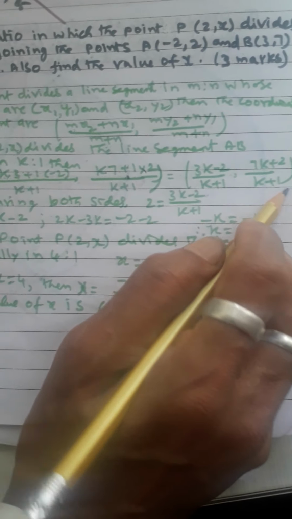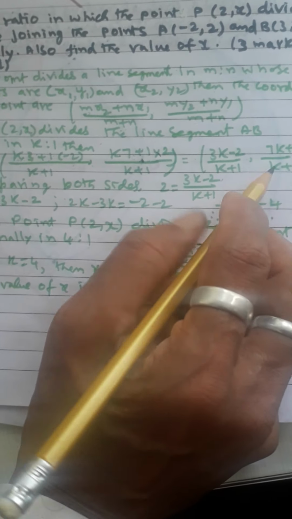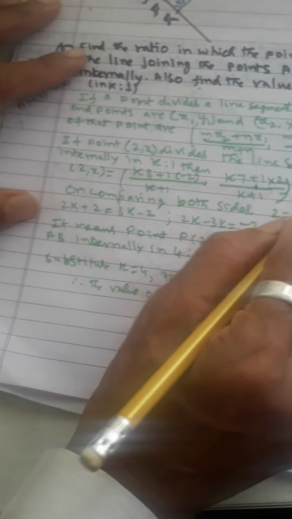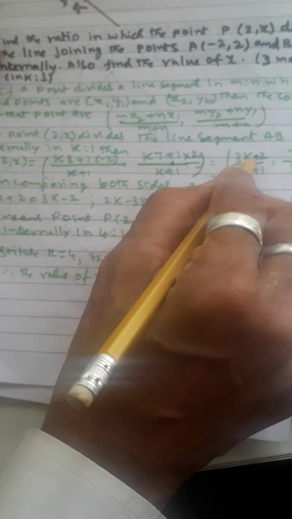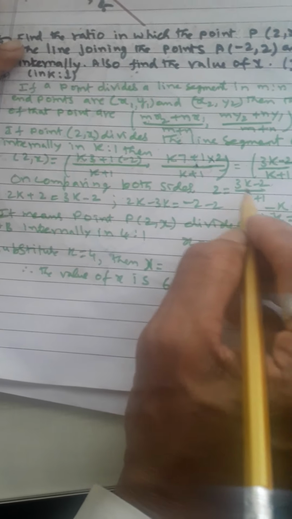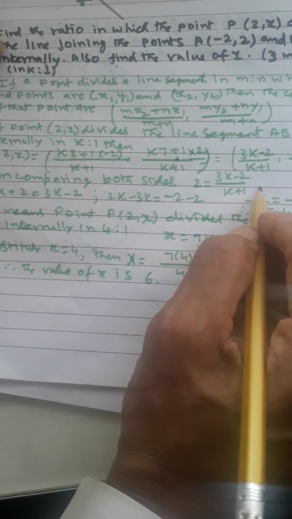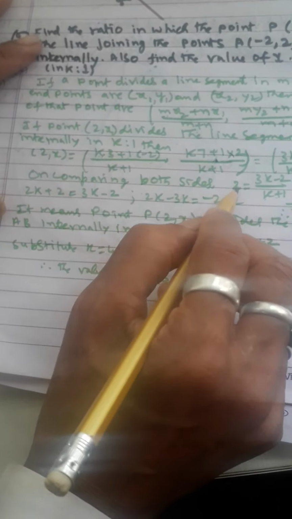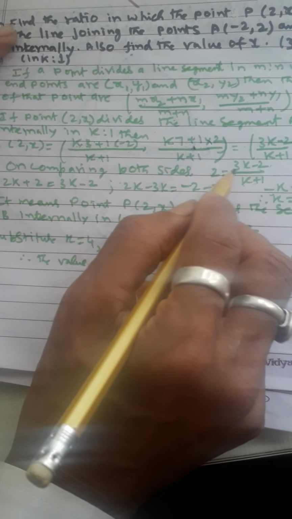Now comparing on both sides, this x value equals this value, 2 is equal to this value, we already know. So accordingly we will do 2 is equal to (3k minus 2) divided by (k plus 1). Now cross multiply: 2 into k, 2k, 2 into 1, 2, that is equal to 3k minus 2.